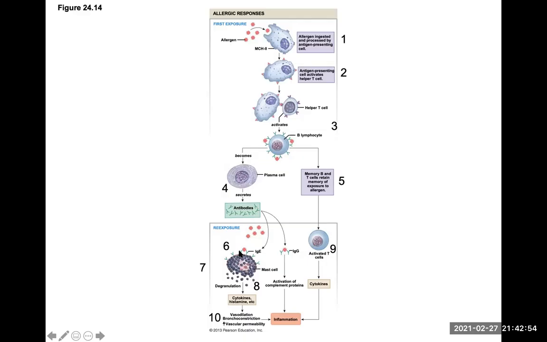Antibodies bind to the surface of it, and they would then allow the allergen to bind to it and cause the allergic response with cytokines and histamine, which would cause your body to vasodilate, bronchoconstrict, increase vascular permeability, cause inflammation. So all of those typical allergic response symptoms.